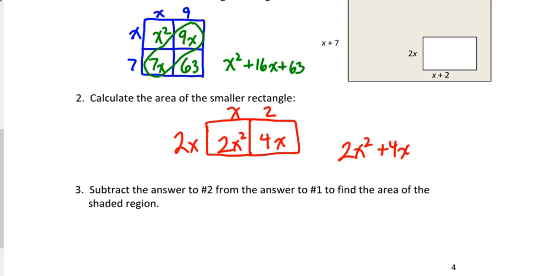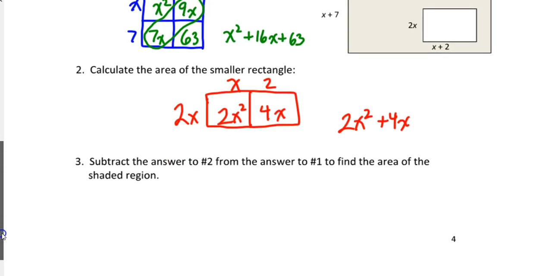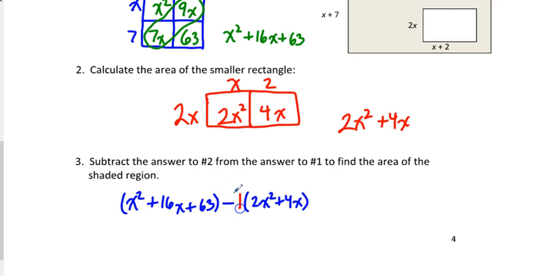Okay, this is a subtract from problem, so I have to subtract the smaller from the larger. The way I like to approach this is to distribute that -1 to both those terms and rewrite it.